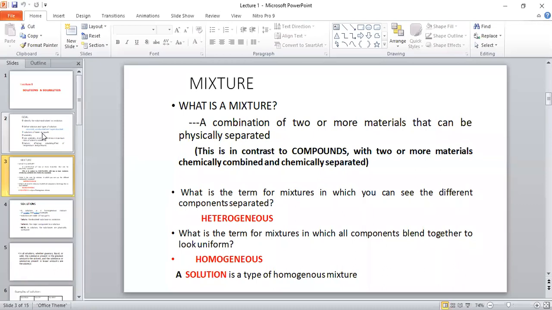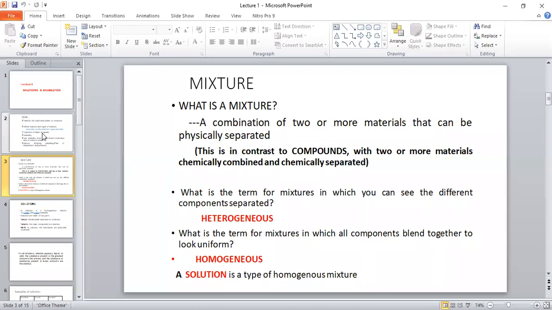A compound, which is chemically combined, can only be separated chemically, but a mixture is physically combined and can be physically separated. So we have two key types of mixtures: the heterogeneous mixture and the homogeneous mixture.